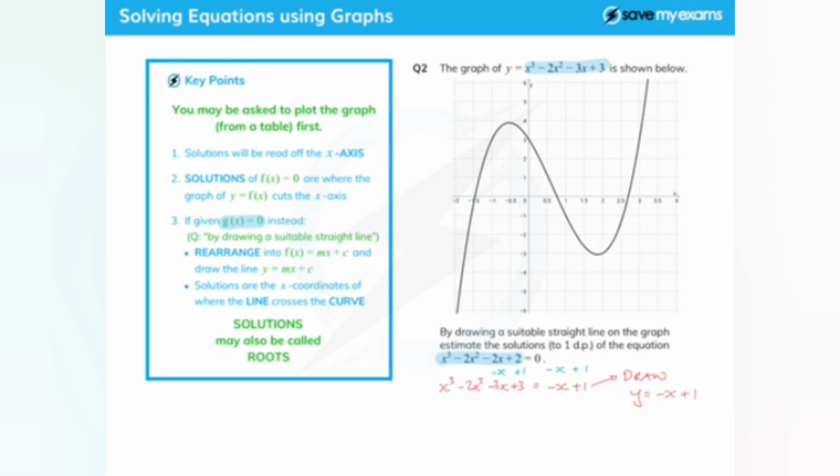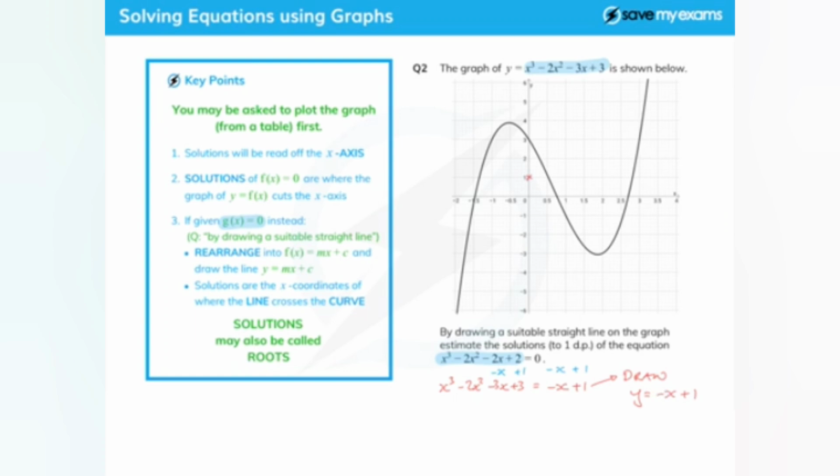If you don't know how to do that, you need to look at the tutorial on drawing straight lines. But I hope you know that it crosses the y-axis at 1, that's the plus c, that's the y-intercept, so it goes through this point here. And it has a gradient of, well, m is the gradient, and m is this minus 1 in front of the x.